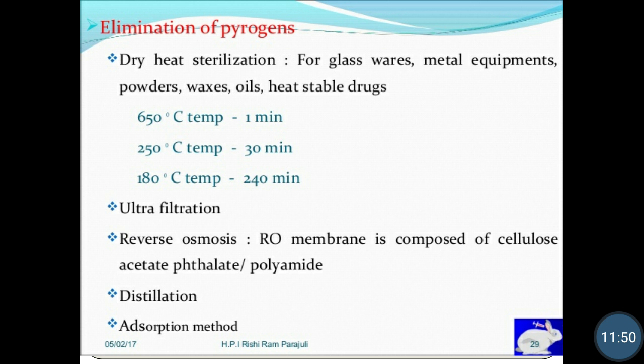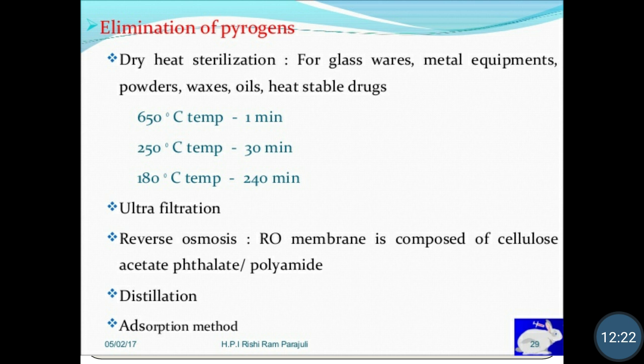Basically these pyrogens can be eliminated from parenteral preparation by different mechanisms like dry heat sterilization, okay, for glasswares, then metal equipments, powders, waxes, oil, heat stable drugs. The dry heat sterilization is done to remove the pyrogen. As we have seen the different sources of pyrogen like excipient, water, equipments, environment.